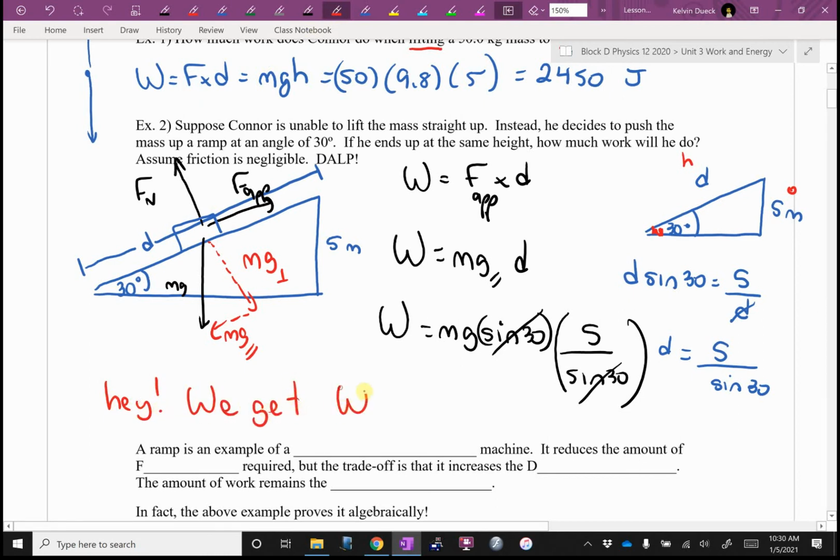We get mgh again, don't we? The same equation up here. Isn't it going to be 50 times 9.8 times 5, even though there's a ramp? What I've just done, I've proved to you, work is a scalar. It doesn't care about directions at all. If you want to go up a ramp, you can go ahead and work it out that way if you want to, but all your trig stuff is going to cancel, and it's going to be mathematically just the same as if you lifted it straight up, baby.